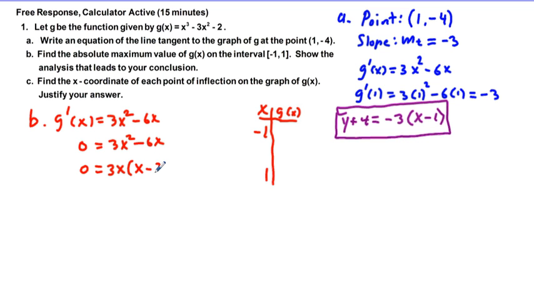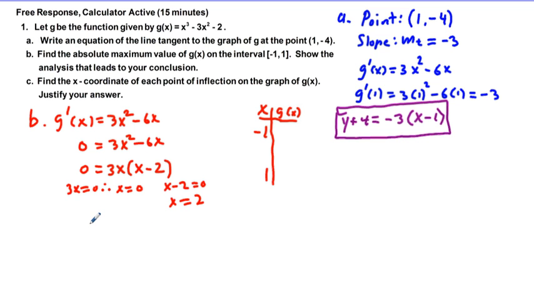I think it's going to be negative 2. Using the zero factor property, we have 3x equals 0, so x equals 0 is one of our critical numbers. And we can set the second factor, x minus 2, equal to 0, and that gives us a critical number of x equals 2.